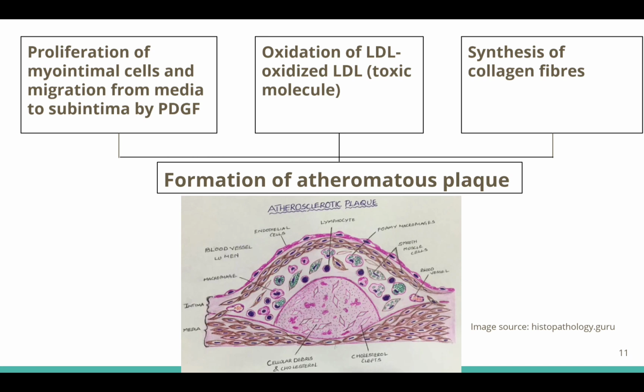So in this figure, you can see that this is the media layer, this is the intima layer, and this is the endothelial lining over here. Due to action of platelet-derived growth factors, there is proliferation of myointimal cells into the subintimal layer and proliferation of smooth muscle cells, as well as, due to action of different cytokines and platelet-derived growth factors released by the foam cells, there is a synthesis of collagen fibers over here.